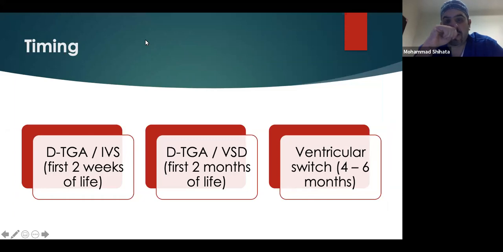So what about timing? I think this is fair game for questions in terms of exams and oral exams. Timing of repair for d-TGA varies according to the associated problems. If it's only a TGA with intact septum, then it should probably be corrected in the first 2 weeks of life because of the deconditioning that we talked about.